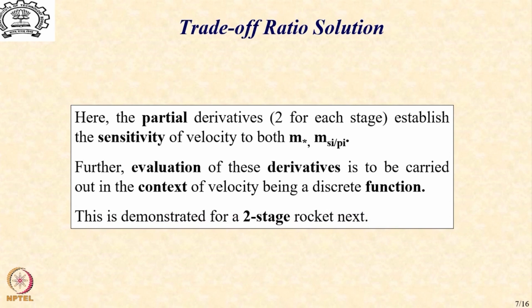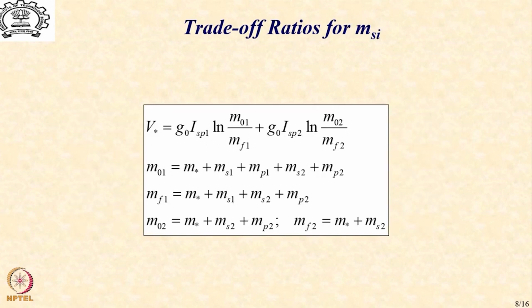So let us try and demonstrate this for a simple case of a two-stage rocket to understand the procedure involved and how these piecewise continuous functions can be differentiated to give the sensitivities.